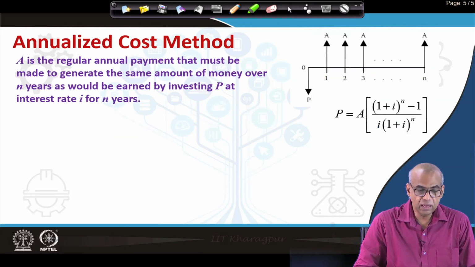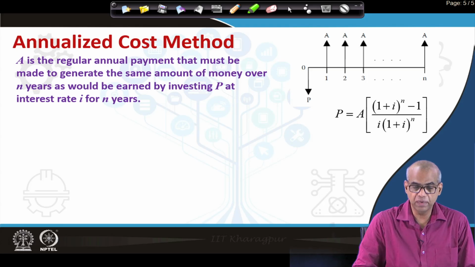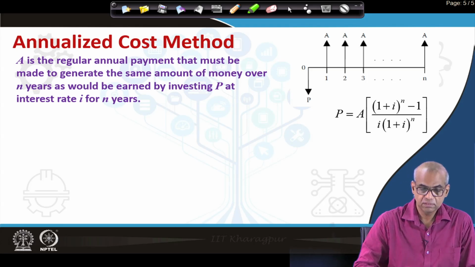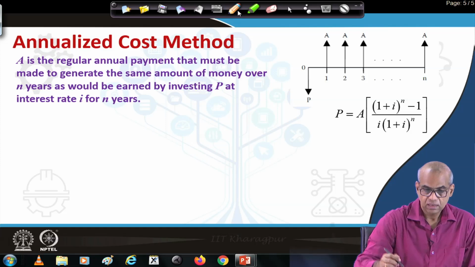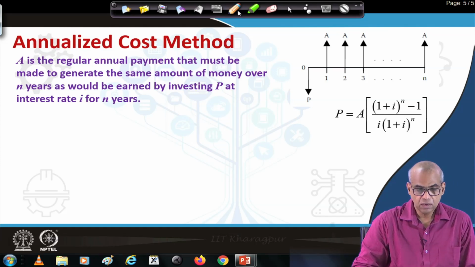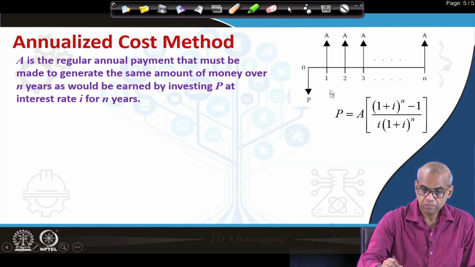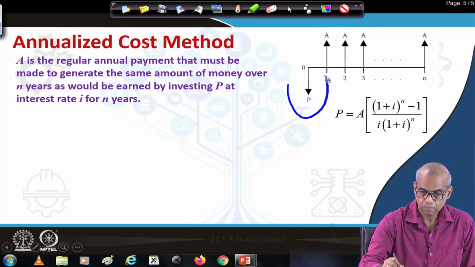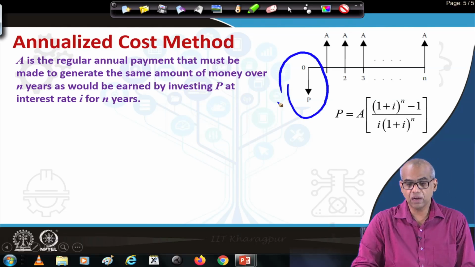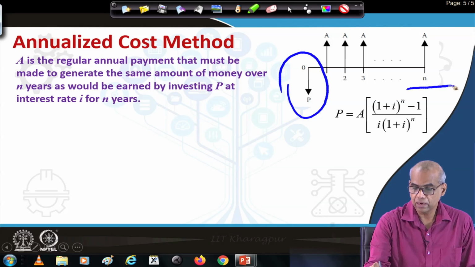So, we say A is the regular annual payment that must be made to generate the same amount of money over n years as would be earned by investing P at interest rate I for n years.